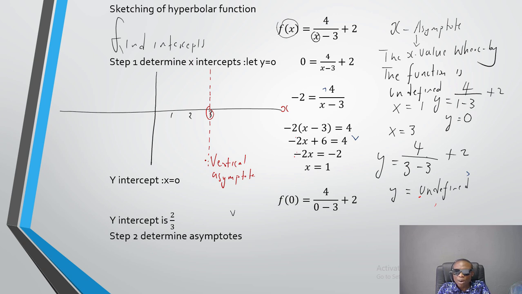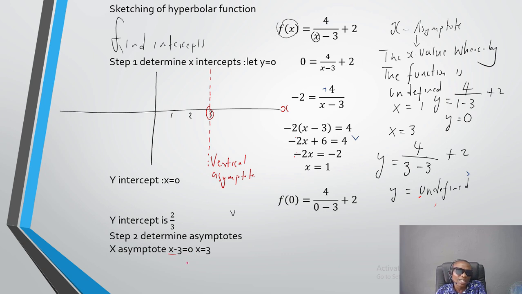So now, how do we easily find this x asymptote? We always equate the denominator of our function to 0. You can see here I set x minus 3 equals 0.